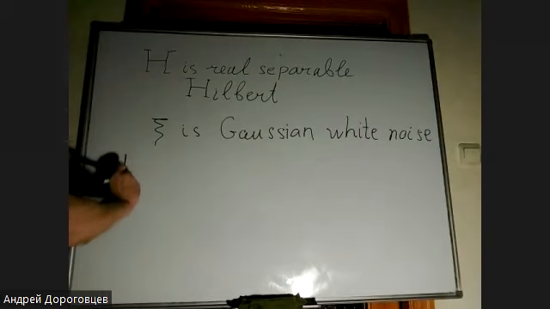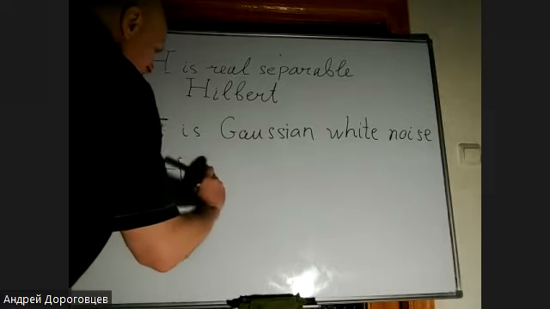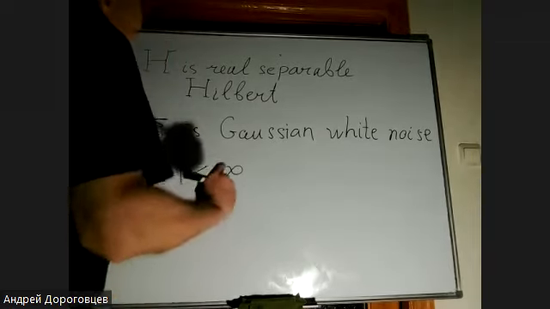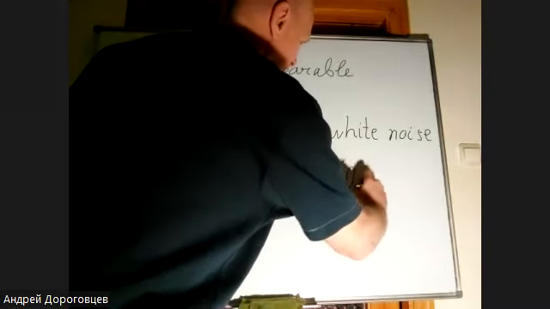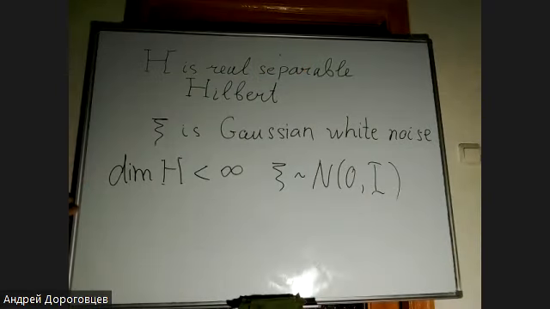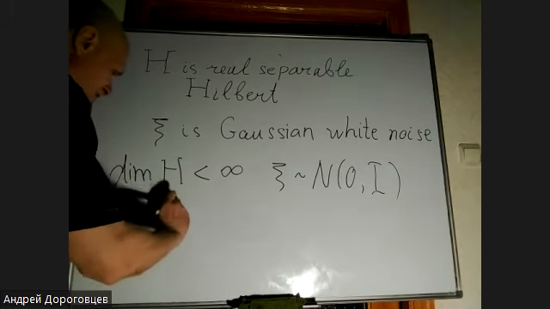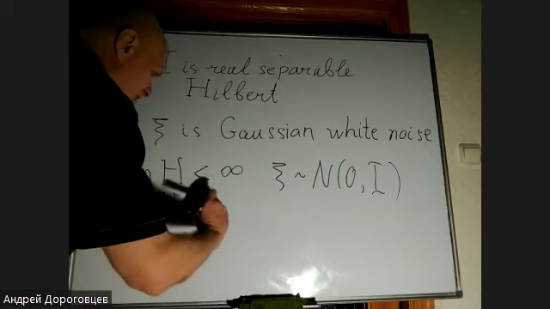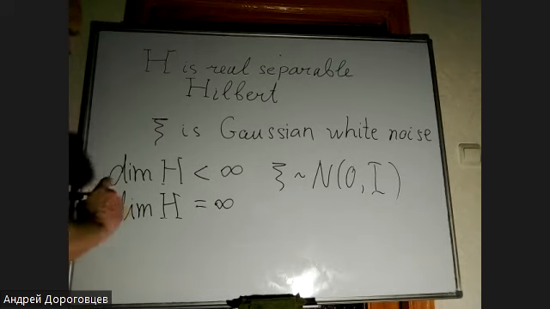If the dimension of H is less than infinity, then psi is simply a standard Gaussian vector with zero mean and identity correlation. But in the case when the dimension of H is infinite, psi is not a usual random element in the space H, but it is defined as follows.